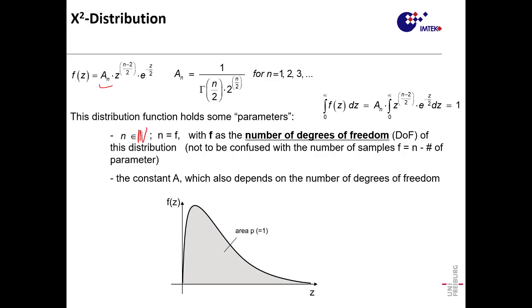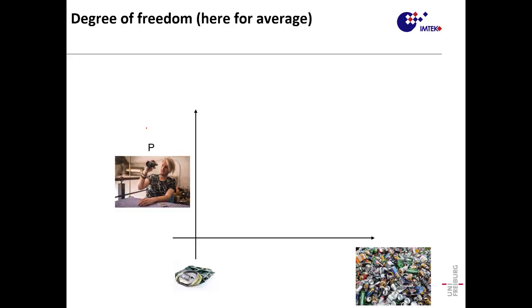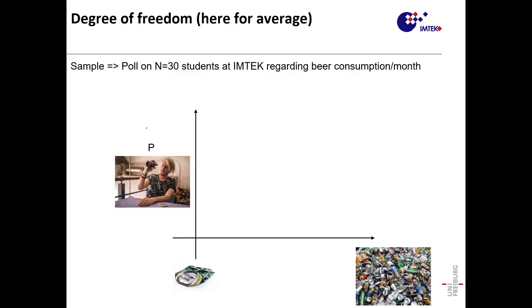To explain that, let's imagine you have this example. Let's say that you are here in INTEC and you have a pool of 30 students that drink beer, right? And you want to see how the consumption of beer in a week or in a month is for the students. So you will have some people that drink a lot and you will have people that drink one or none, okay?